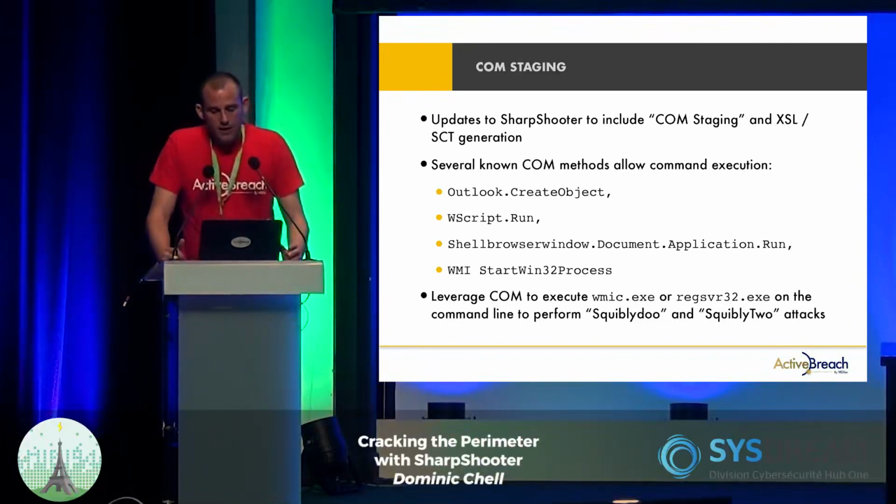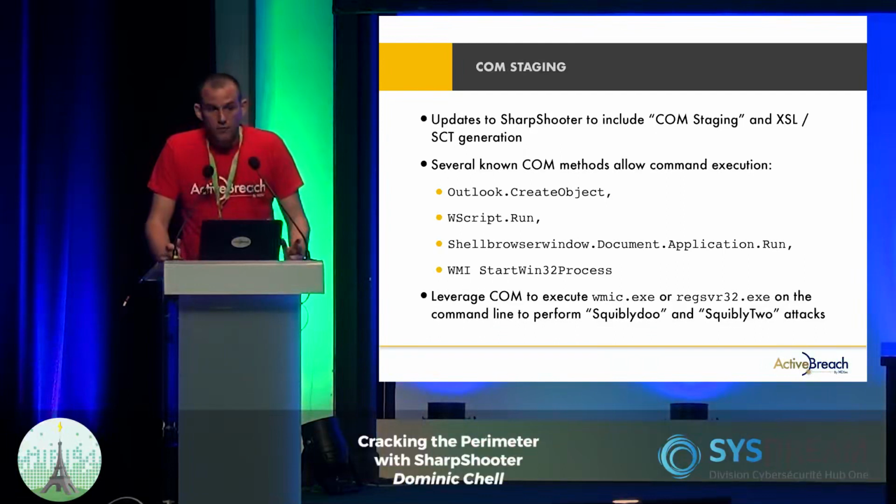So I took advantage of some of these COM objects, specifically Outlook CreateObject, which was first documented by Etienne Stalmans at SensePost, wscript.run, and the ShellBrowserWindow run method, which is interesting because that one actually uses Explorer as the parent process when it executes.